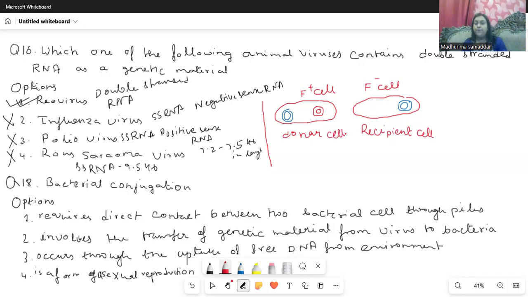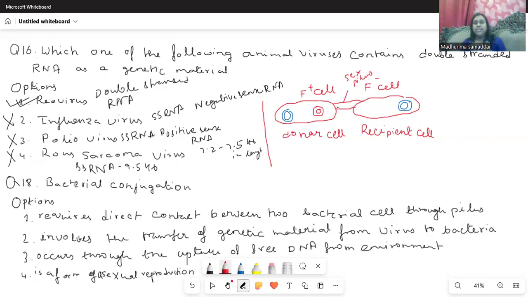Now what will happen, from the F plus cell, it will form a sex pilus, so that the two bacterial cells will come in contact with each other. From this sex pilus, there will be formation of a conjugation tube.